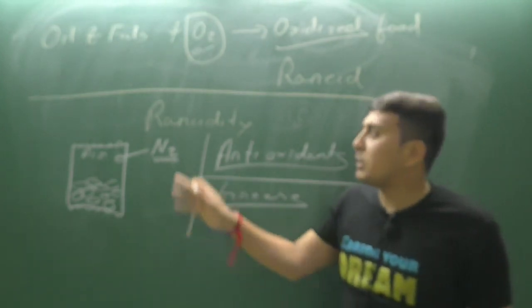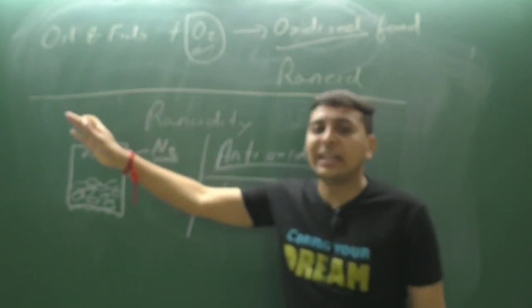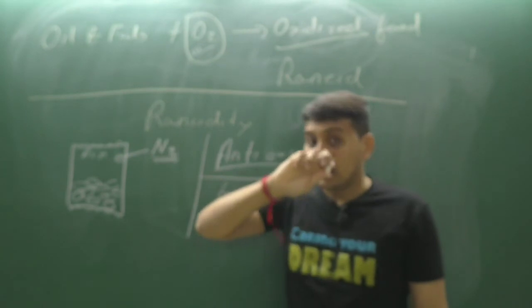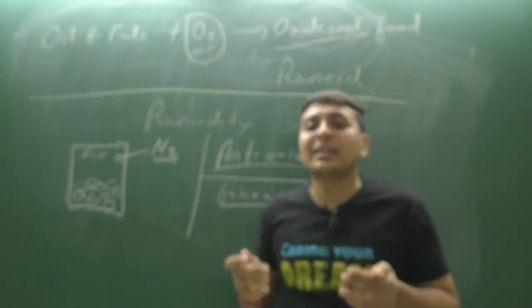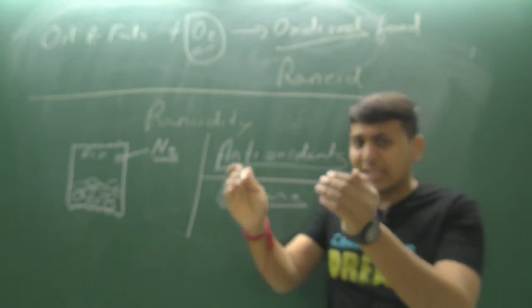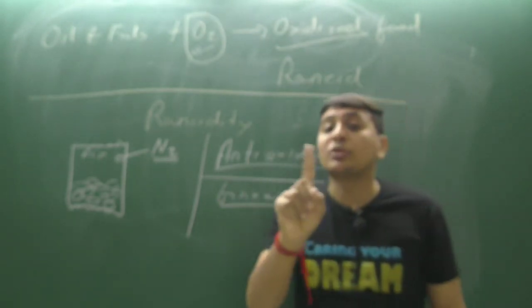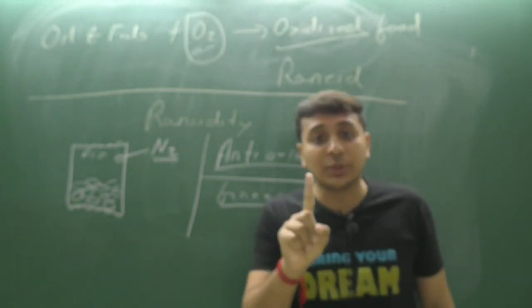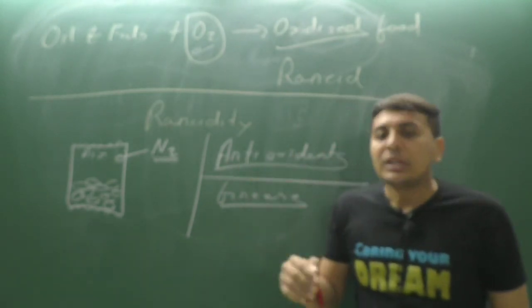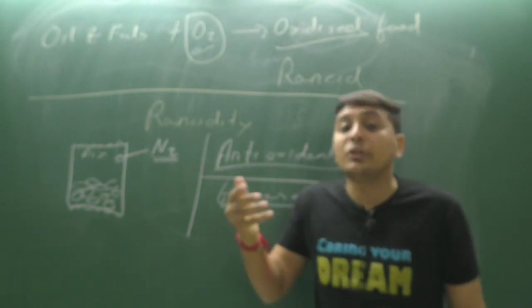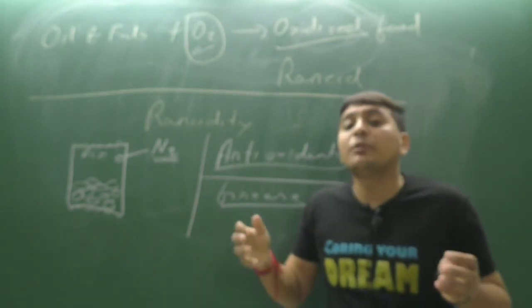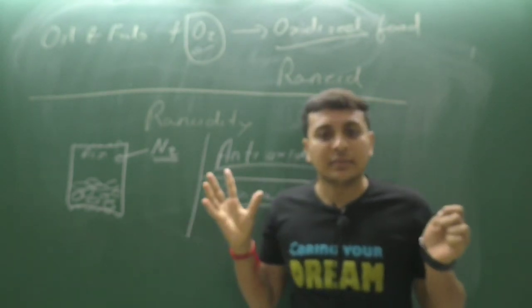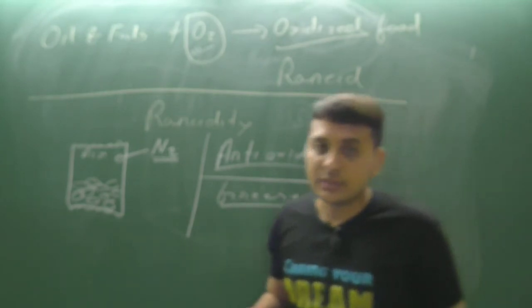So at a low temperature, oxygen cannot easily react with any of the food containing oil and fat. The process slows down, but the process does not stop. It just slows down. So the food item which is going to be rancid in 1 or 2 days can be preserved for 5 to 6 or 7 days. Clear? By using the freezer.